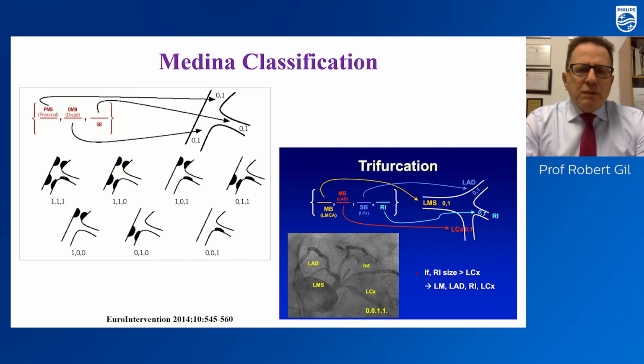One means stenosis, 0 means lack of stenosis, and the sequence of numbers tells us where the location of the lesion is. Using the same classification, we can also assess trifurcations, not only bifurcations. So it really helps us understand what we are talking about.